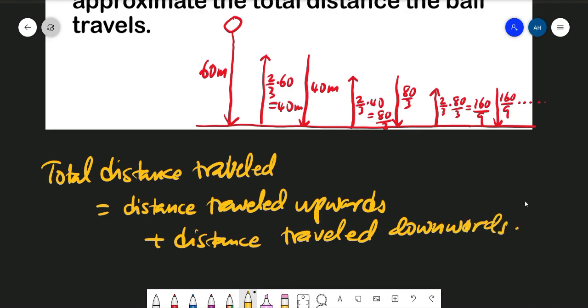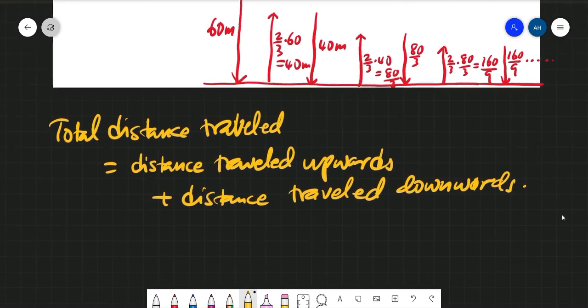So we find each one of these, the distance traveled upwards and the distance traveled downwards, and then we add them up together to find the total distance.